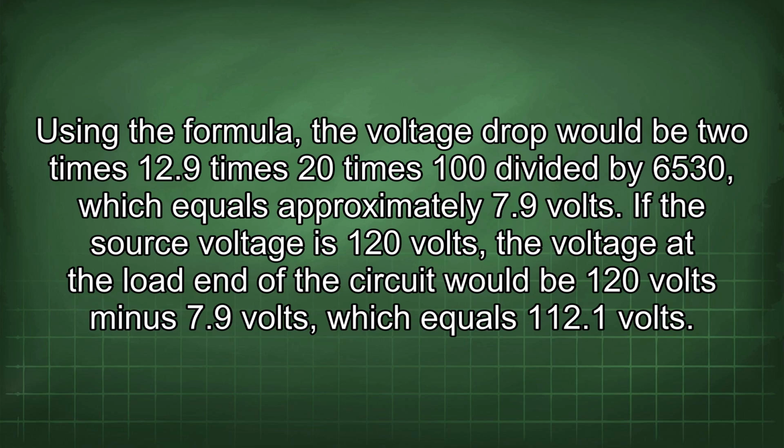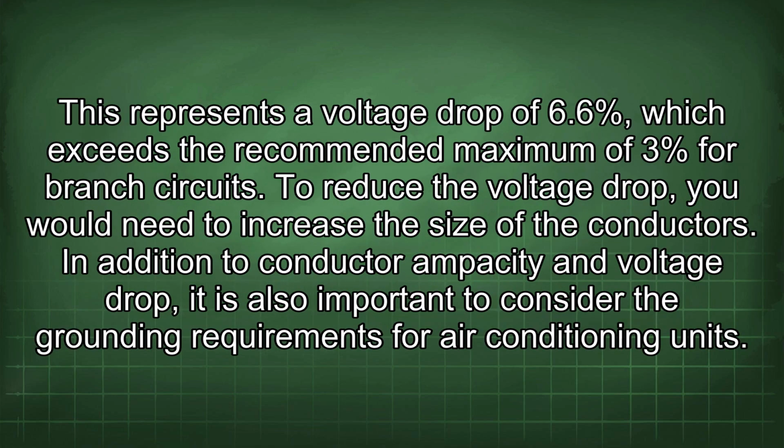If the source voltage is 120 volts, the voltage at the load end of the circuit would be 120 volts minus 7.9 volts, which equals 112.1 volts. This represents a voltage drop of 6.6%, which exceeds the recommended maximum of 3% for branch circuits. To reduce the voltage drop, you would need to increase the size of the conductors.